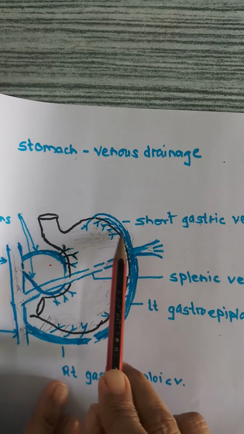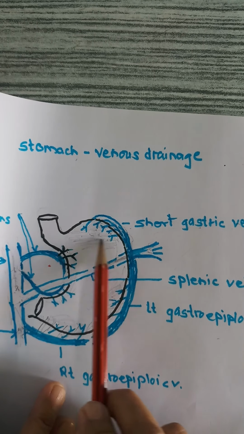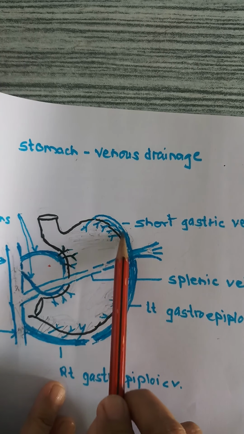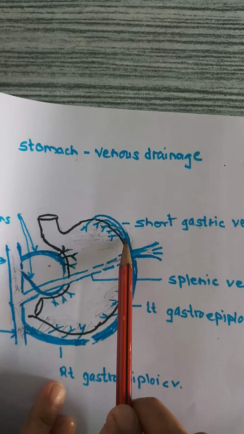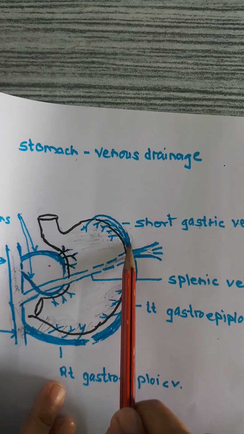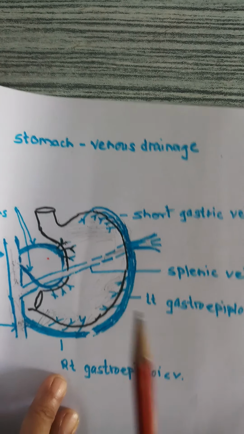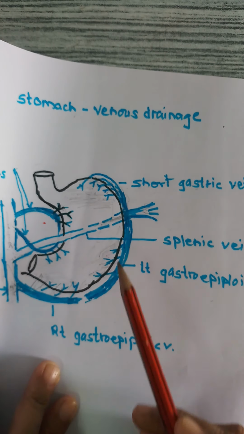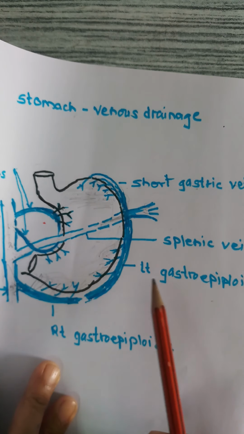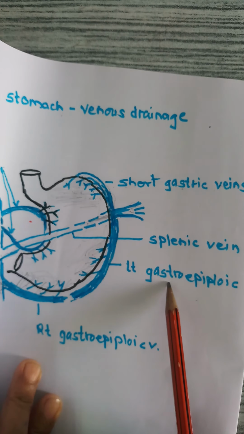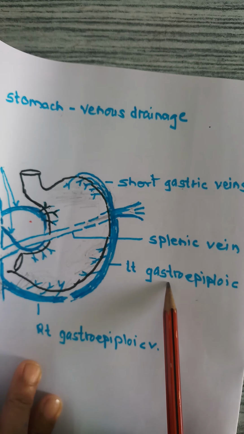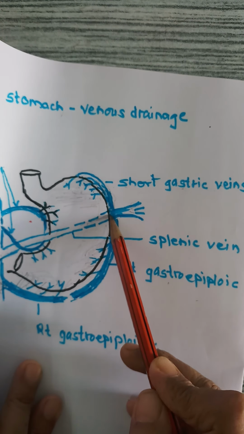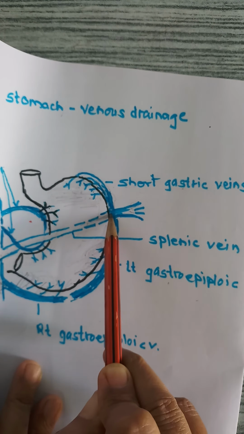These short gastric veins collect the deoxygenated blood from the fundus part of the stomach, and these drain into the splenic vein. Then from the upper part of the greater curvature, deoxygenated blood is collected into the left gastroepiploic vein or left gastroduodenal vein, and it drains into the splenic vein.